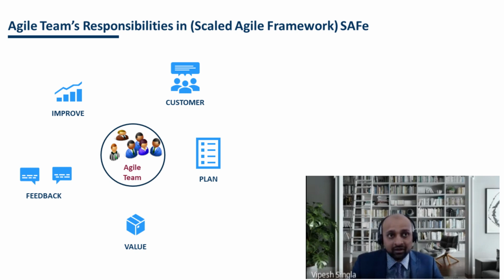So the planning is done by the agile team. They work together with each other to decide what work they are going to do, what effort is required to do this work, and how it should be prioritized. All of that is done by the agile team together.